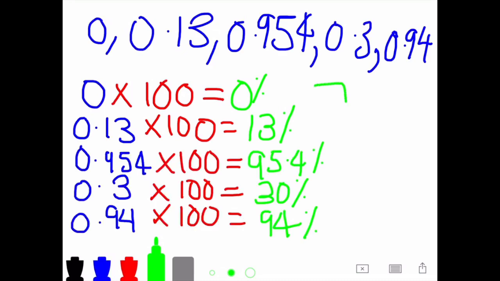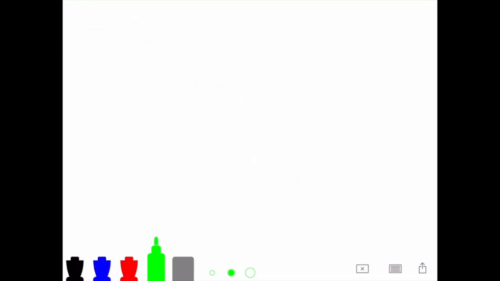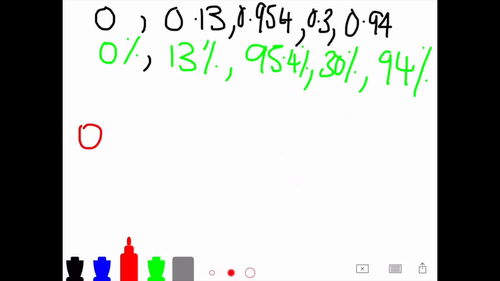Okay, so I did the rest because it's the same pattern. You just times it by 100. From there, you actually see which one is the biggest. Okay, I put the decimal and the percentage side by side, and now we're going to separate it. So 0 is going to be first, obviously, because 0%.